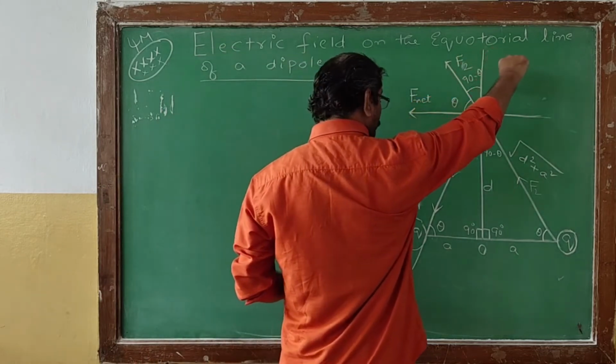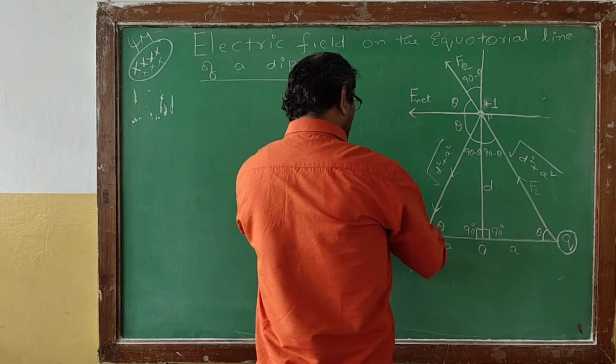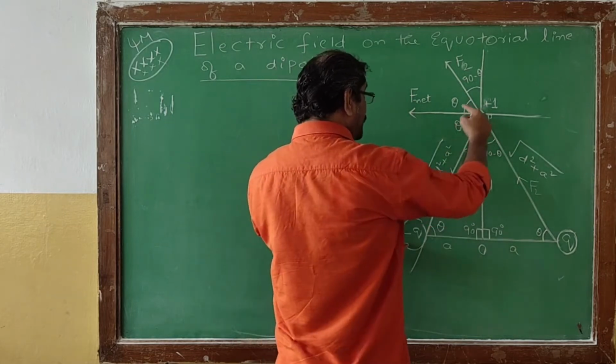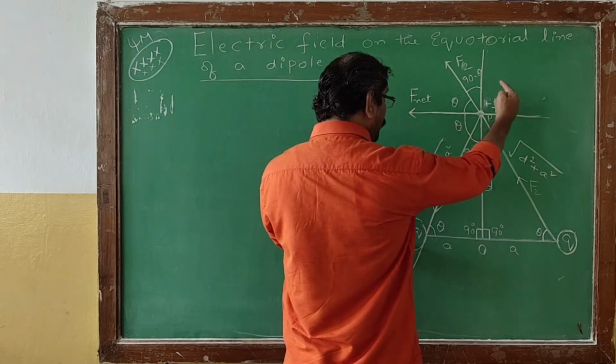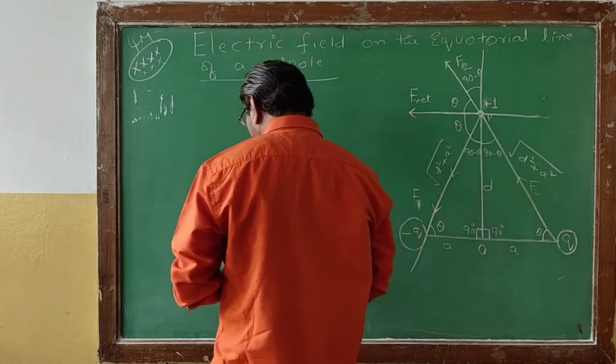So first you find the magnitude of F1. That will be the attractive force between the unit charge and the negative charge.